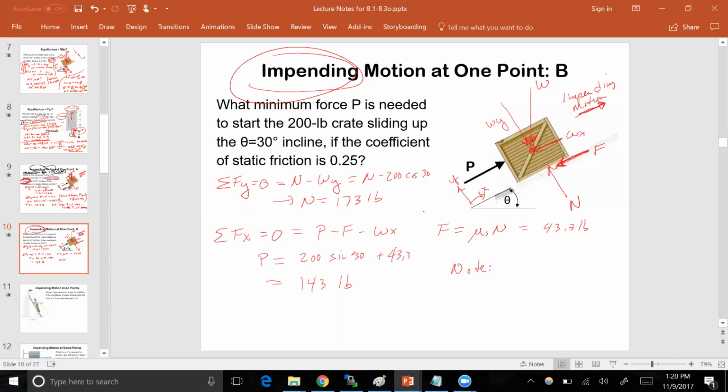So what does the F equal to 43.3 represent? Is that the force that needs to be stationary, or what's that maximum force of the stationary? What that 43.3 represents is the maximum force that friction can apply in that system. Can't go any bigger than that.